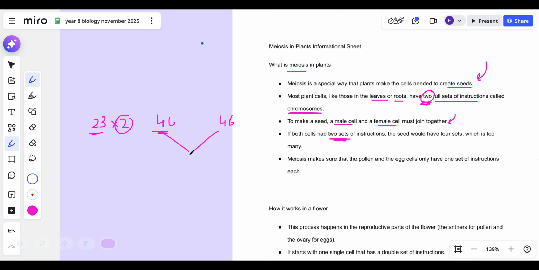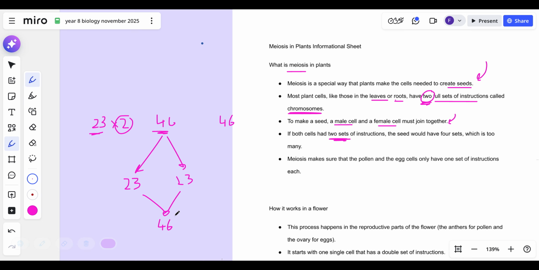Now, if these were to fuse together, you would have a cell or an individual or a baby with 92 chromosomes. You can't have that. You must have 46. So one of these cells must halve the number of chromosomes, halve the number of instructions to 23. Then when these fuse together, 23 add 23 is 46.